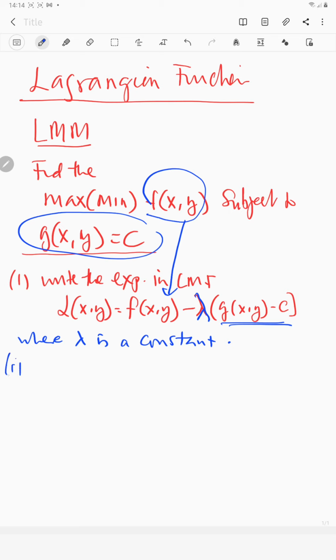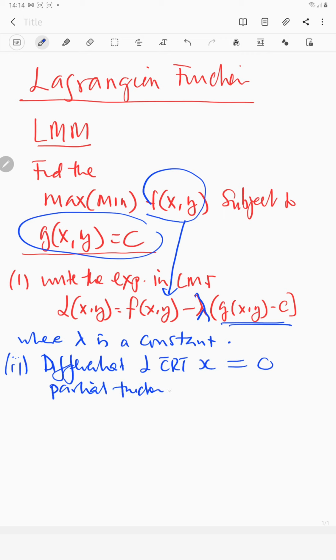The second step, having obtained that, is to differentiate L with respect to x, and after that you equate the expression to 0. The expression you get is a partial function, because it has some element of the other function.